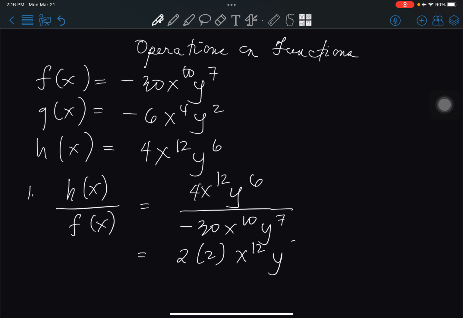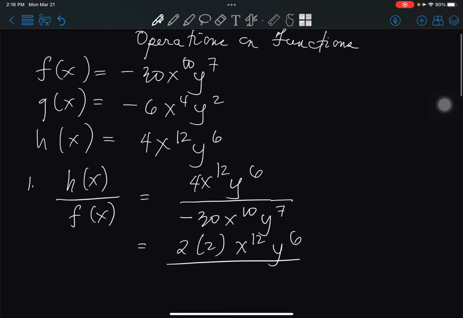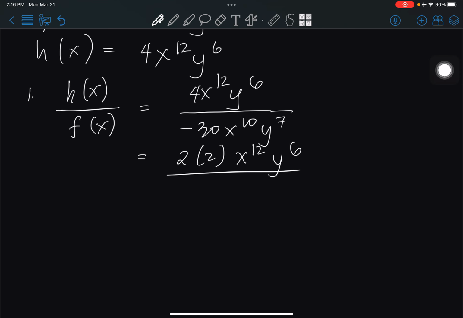Then y raised to the power of 6. Then we have here minus 30. And negative 30 can be divided by 2. So let's say we have here negative 15 times 2. That's equal to negative 30. Then x raised to the power of 10, then y raised to the power of 7.